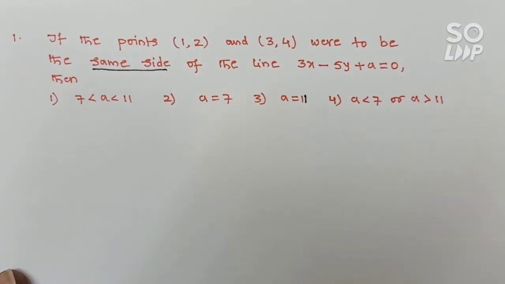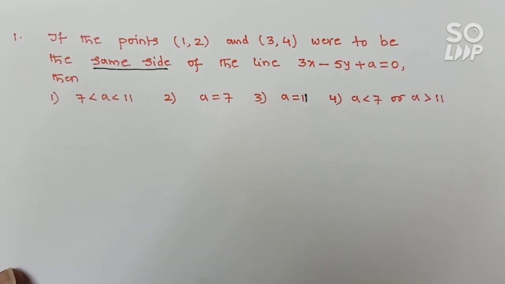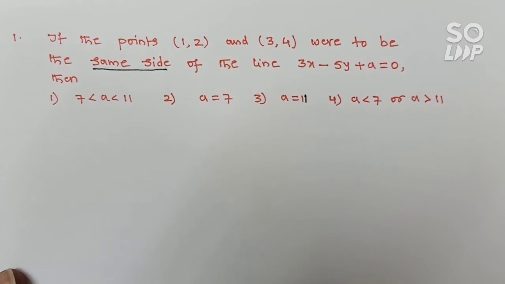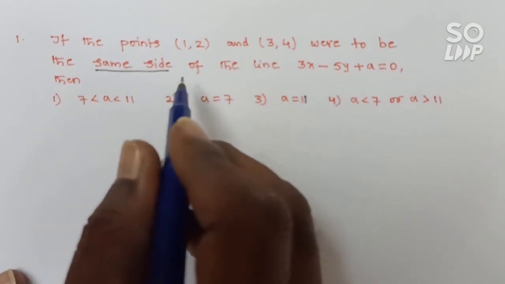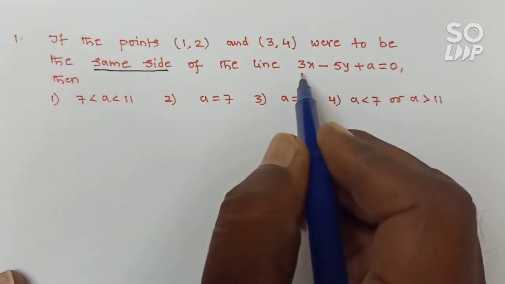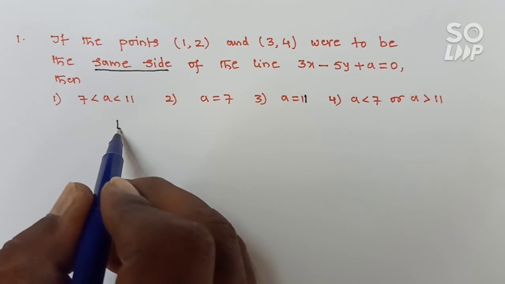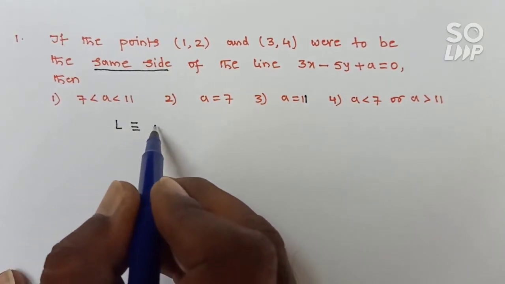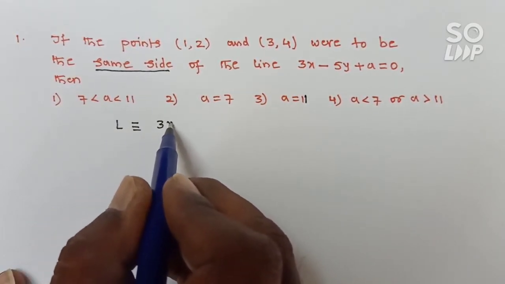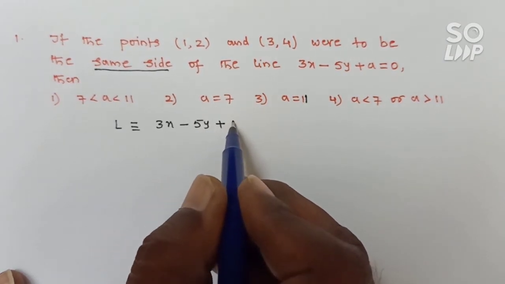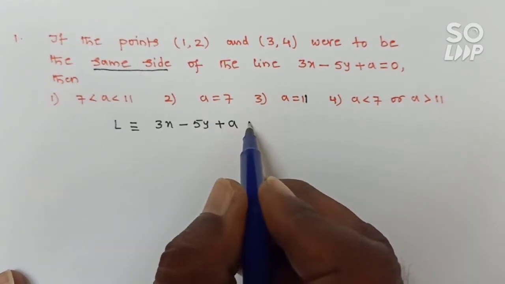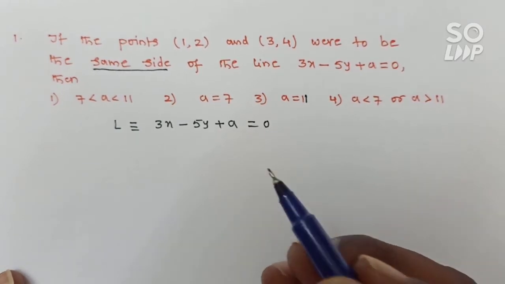Same side means immediately you can recall the condition that L11 into L22 is greater than 0. First of all, what is L11? L is nothing but the given line: 3x minus 5y plus a is equal to 0. This is the line equation.